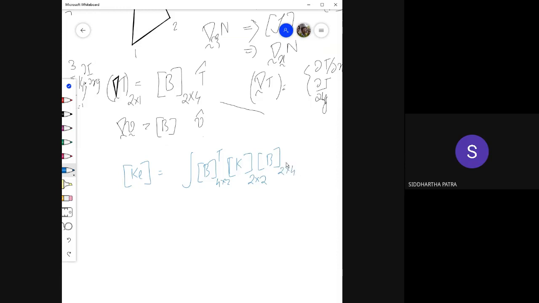Eventually you would be integrating from -1 to 1 and -1 to 1.